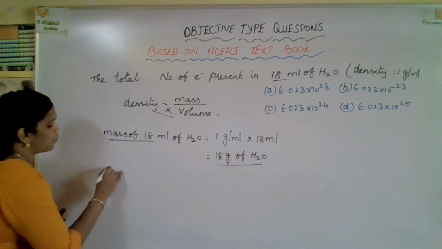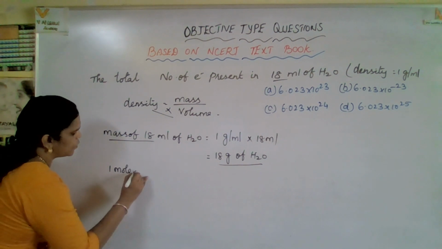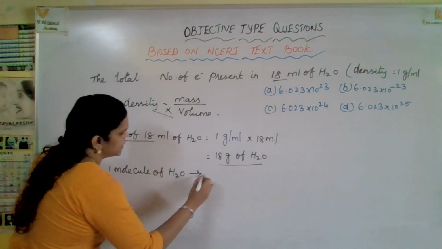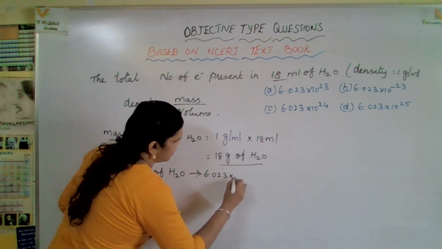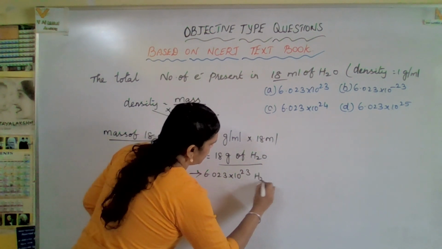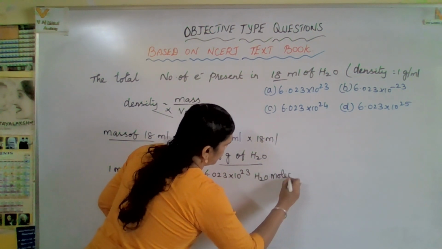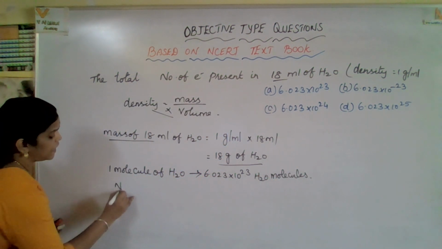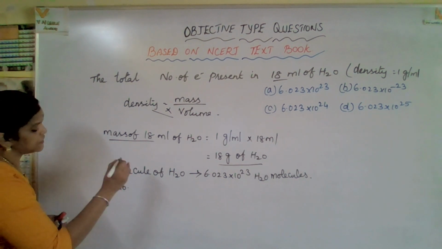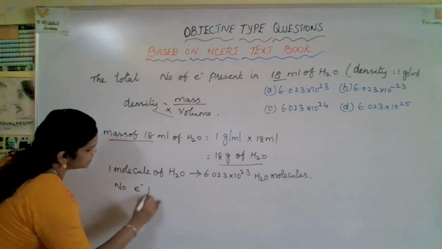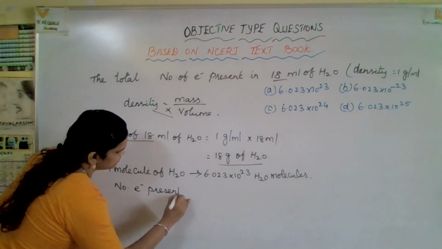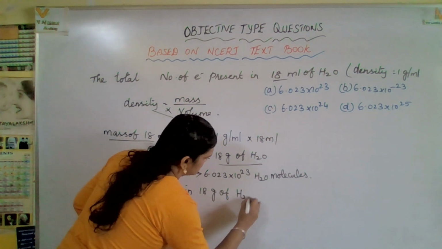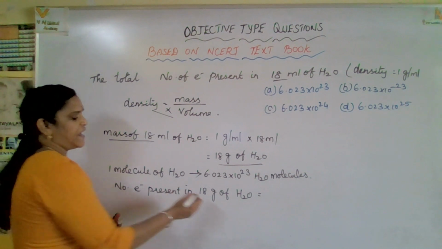Okay, now here, 1 mole of water contains 6.023 into 10 to the power of 23 water molecules. So here they are asking the number of electrons present in 18 gram of water.